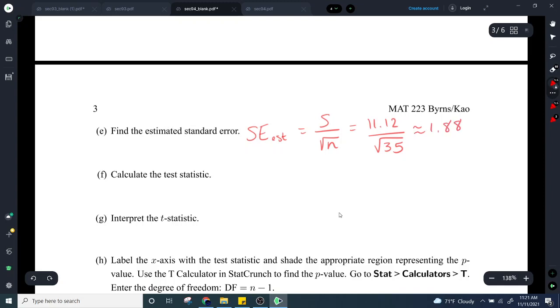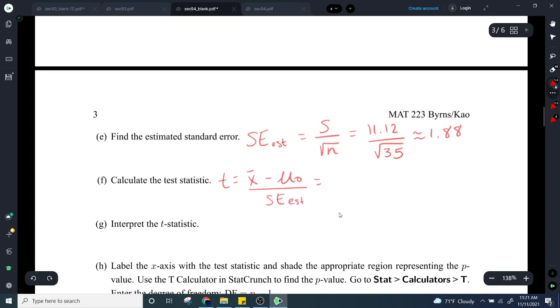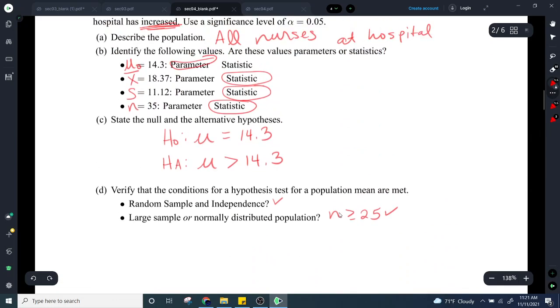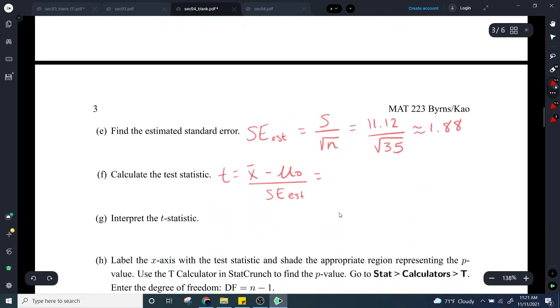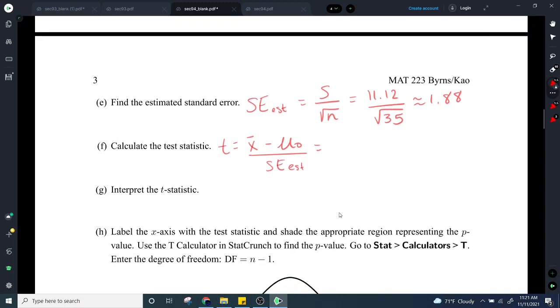1.88 standard errors. The test statistic is going to be X bar minus the mu naught that we expected divided by the standard error that we just estimated. So X bar was our sample mean of 18.37, and mu naught is the 14.3 that we're comparing it to.